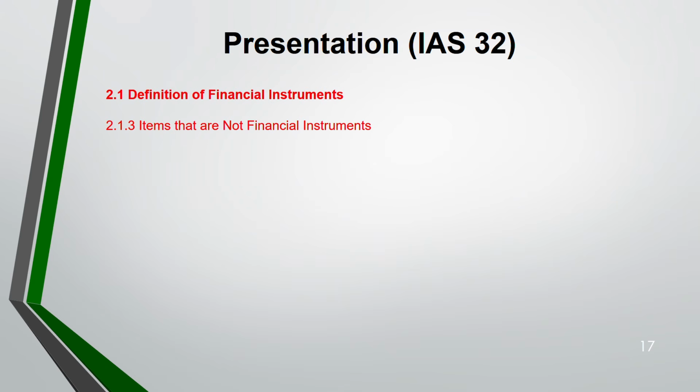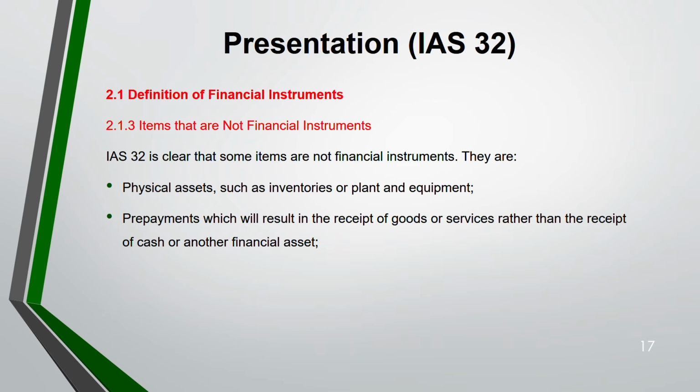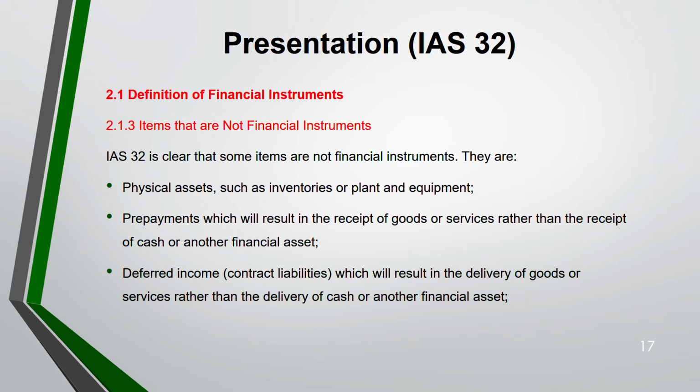Items that are not financial instruments. This is also very important. Many students understand what financial instruments are, but they don't understand what are not financial instruments and they accidentally put that in financial instruments. IAS 32 is very clear about it. So all your inventories, plant, equipment, they are not financial instruments. All prepayments that will result in the receipt of good or service rather than receipt of cash or financial asset are not a financial instrument.